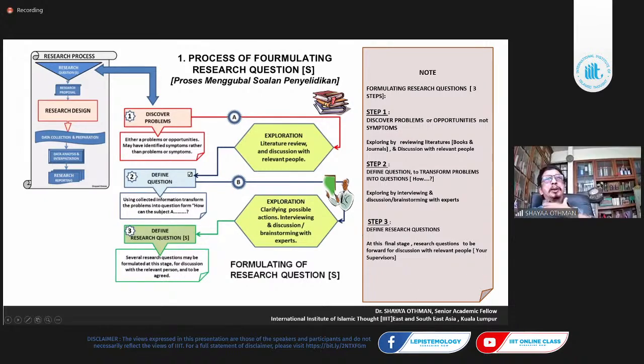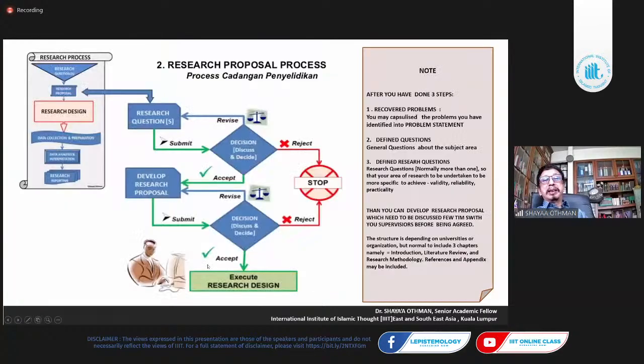These are very important areas that you need to define properly, because without settling this, you cannot proceed with the research design.